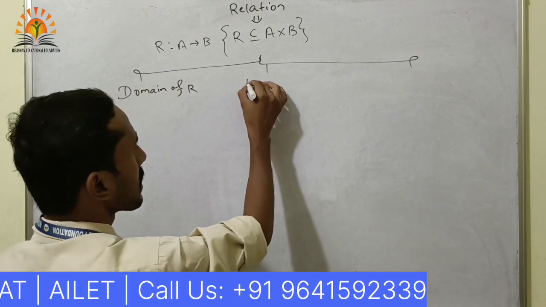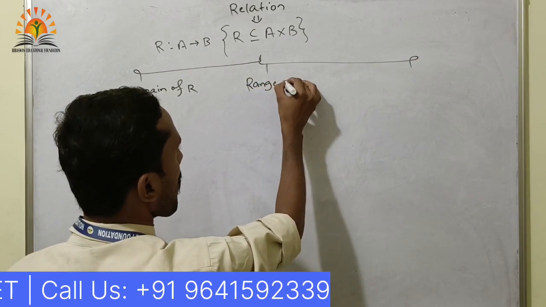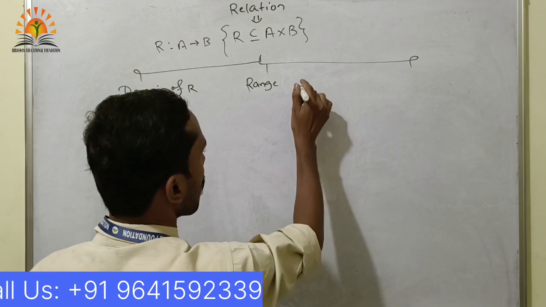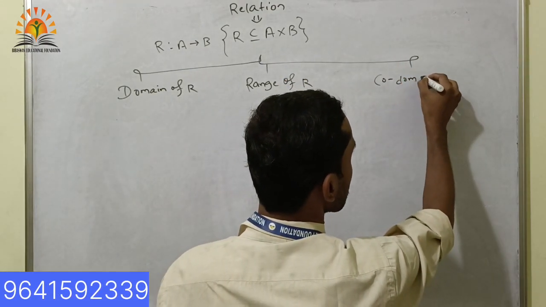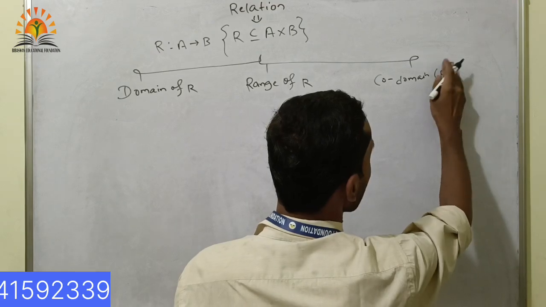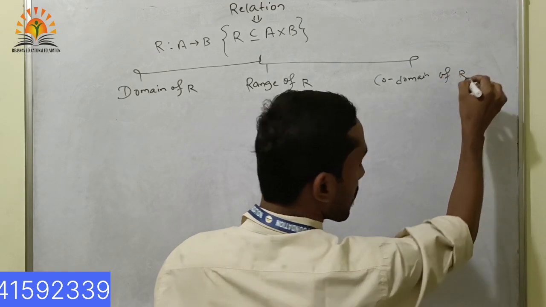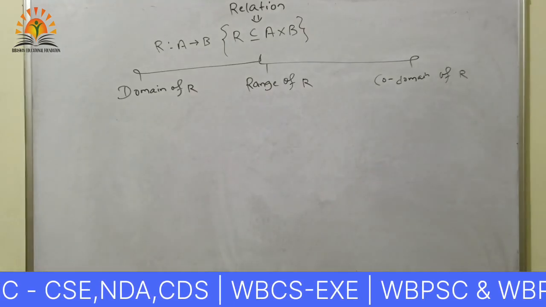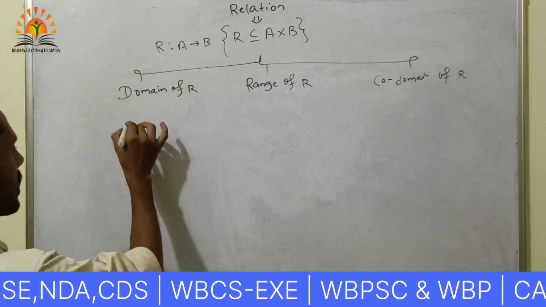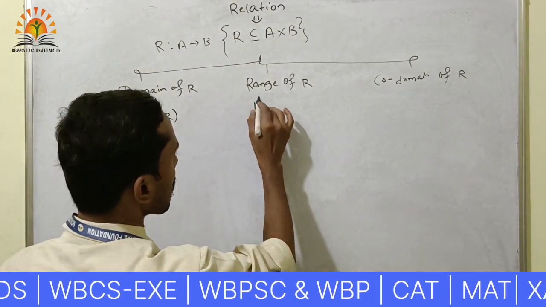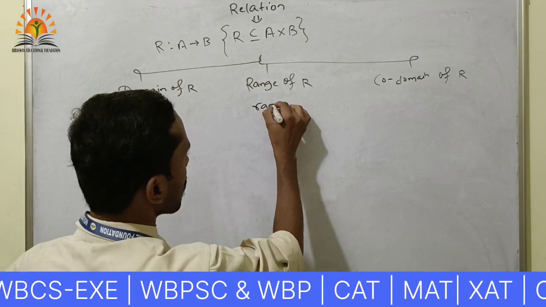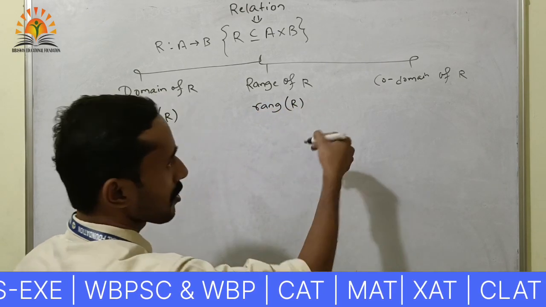The second thing is range, and the third thing is codomain. Three things, and we have already discussed them. The representation is domain R, range R, and codomain.